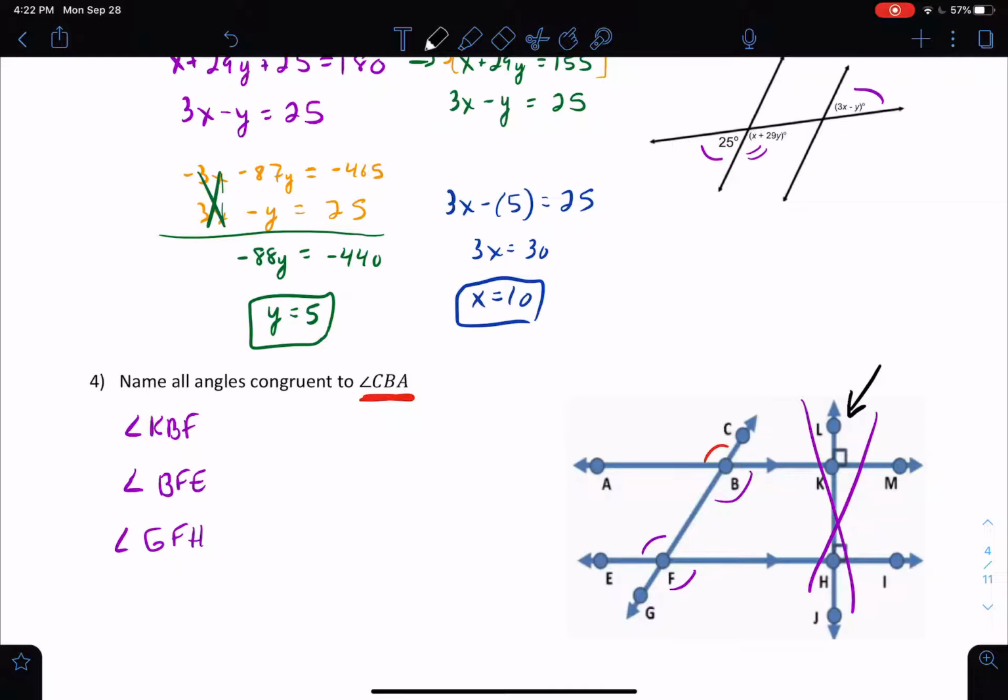Because I don't have 2 parallel lines cut by 2 parallel transversals. I just have 2 parallel lines cut by 2 different transversals. And since I'm trying to find the angles congruent to CBA, I cannot go over to this area, because I don't have any parallelness to send me over there.